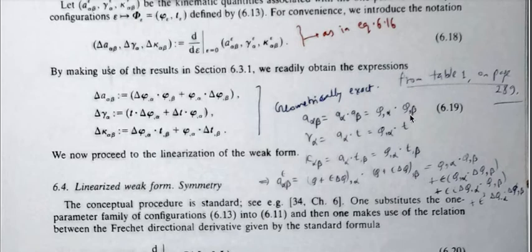Also, please note that these expressions, which are also given in table 1 on page number 289, are the expressions of the strains for a particular shell configuration, which can be characterized through phi and t.